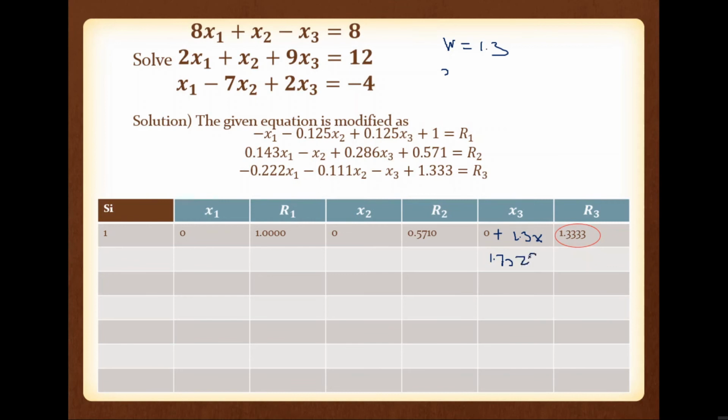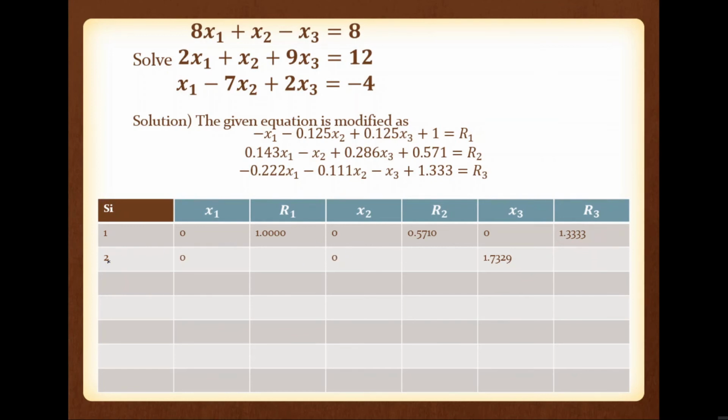For you, if you are using 3 significant digits, 1.733. So that is X3, and you have to copy the remaining values. So X1 is 0, X2 is 0. For the next iteration, second iteration, these are the values that we have to use. Right? So X3 is 1.7329, then X1 and X2 values are copied.